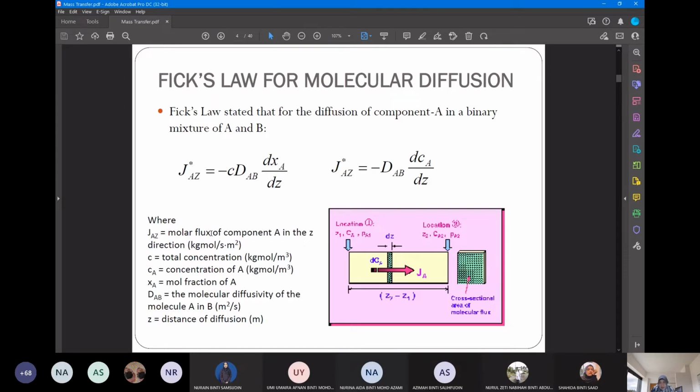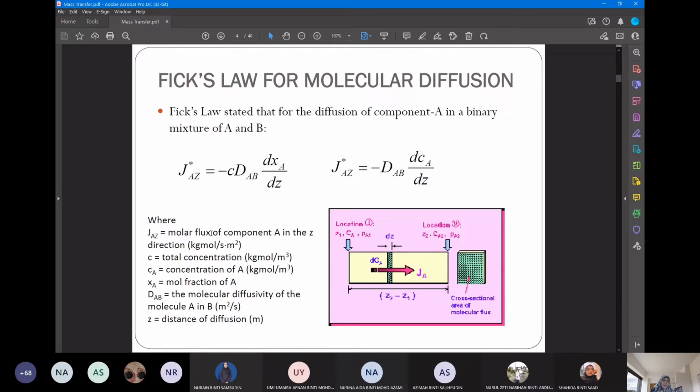Why do you call it flux? Molar flux, you are talking about concentration here, the strength of the concentration. Because before, in the definition of mass transfer, it is related to the concentration gradient.